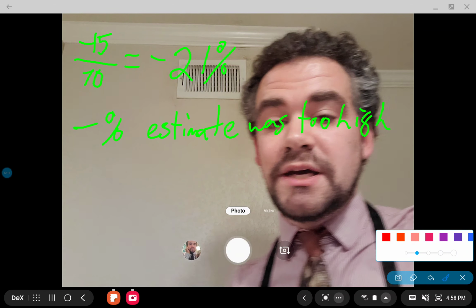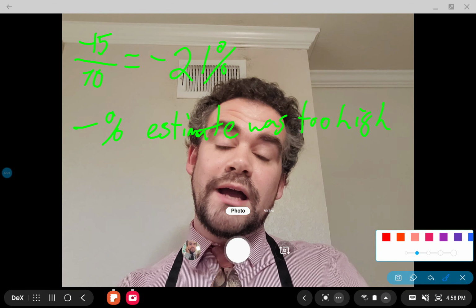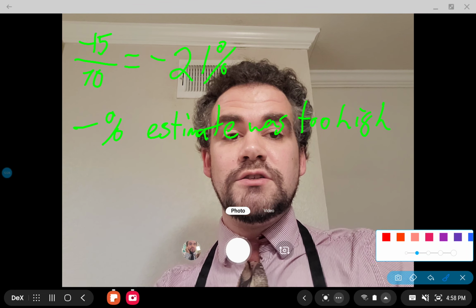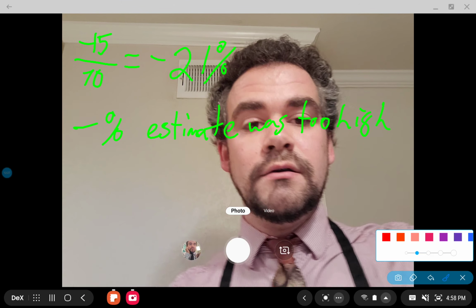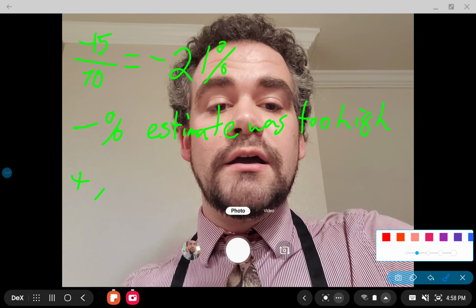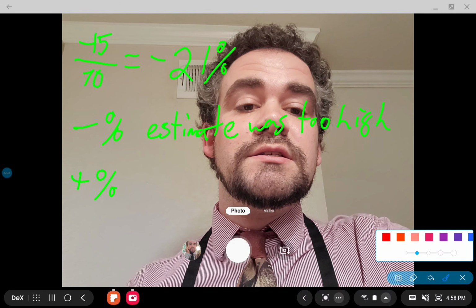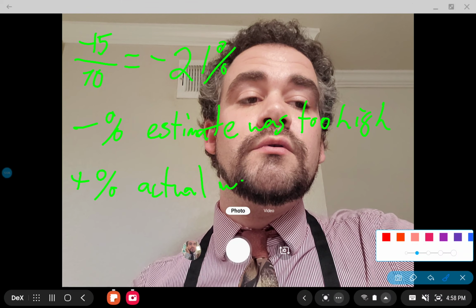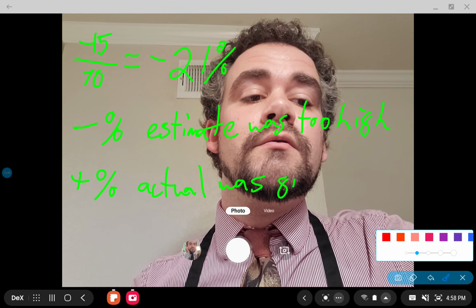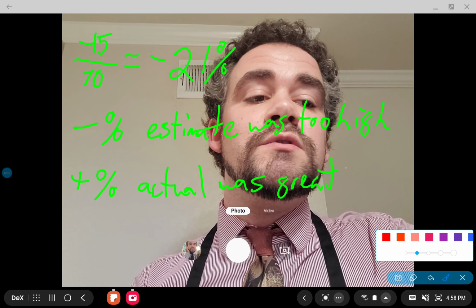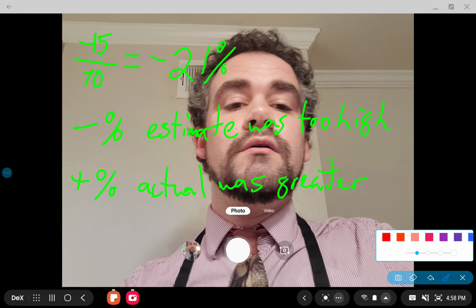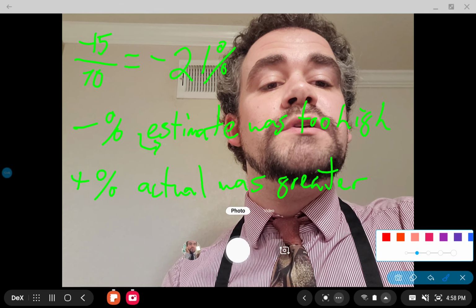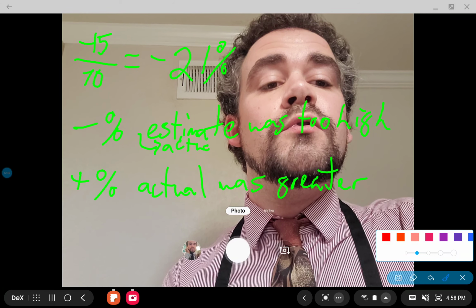So in this case, if you were expecting an 85 and you got a 70, your actual value was less than what you were expecting, and so you have a negative percent error. If you get a positive percent error, then that means the actual value was greater, or you could say your estimate was too low. So this one up here, we said that the actual was lower.